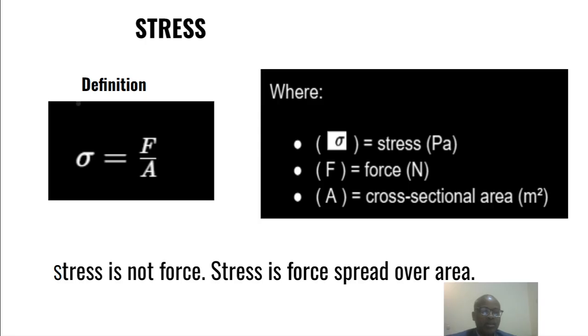The symbol is called sigma, and it represents stress. Stress is force divided by the area on which the force is applied. The unit for force is Newton, the A represents the cross-sectional area in meters squared, and the unit for stress is Pascal.